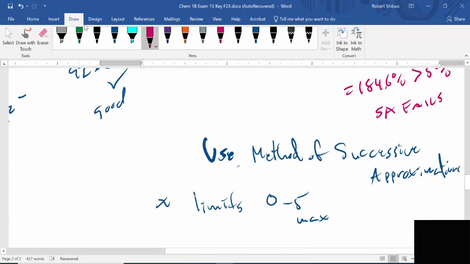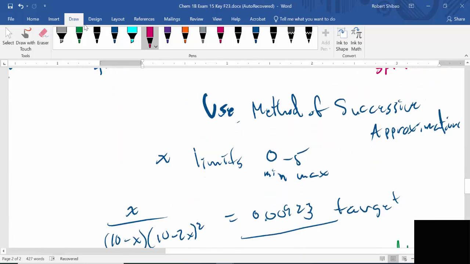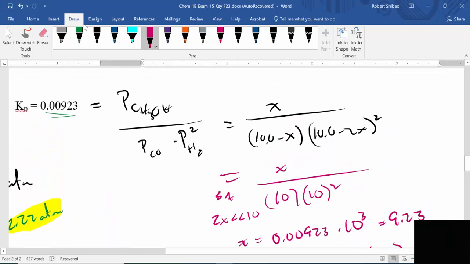Now, the first thing we do in the method of successive approximations is we determine the limits on x. X can range from 0, but it can't go below 0. It can't go negative. So x can go from 0 to 5, the max. Because here, our big change, 2 times 5 is 10, so 10 minus 10 gives us 0.